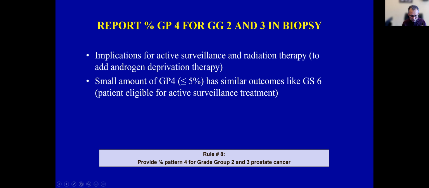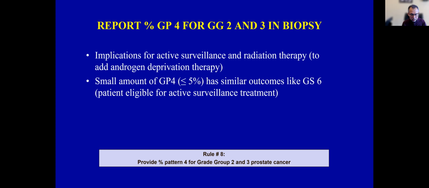So when you are struggling with a very limited amount of pattern 4 versus pattern 3, I think it is prudent to utilize a higher threshold to call something poorly formed gland pattern 4, because the significance anyway is not distinctly separate.